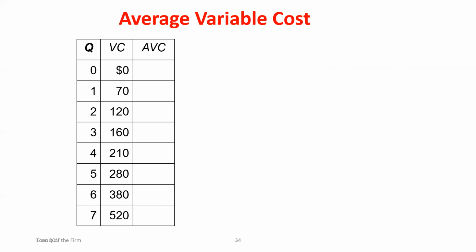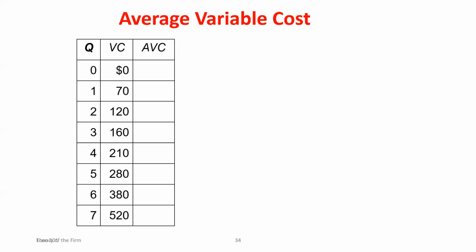So our average variable cost would simply be whatever our total variable costs are divided by how much we produce. The interesting thing is those variable costs we know are going to change as we produce more and more.